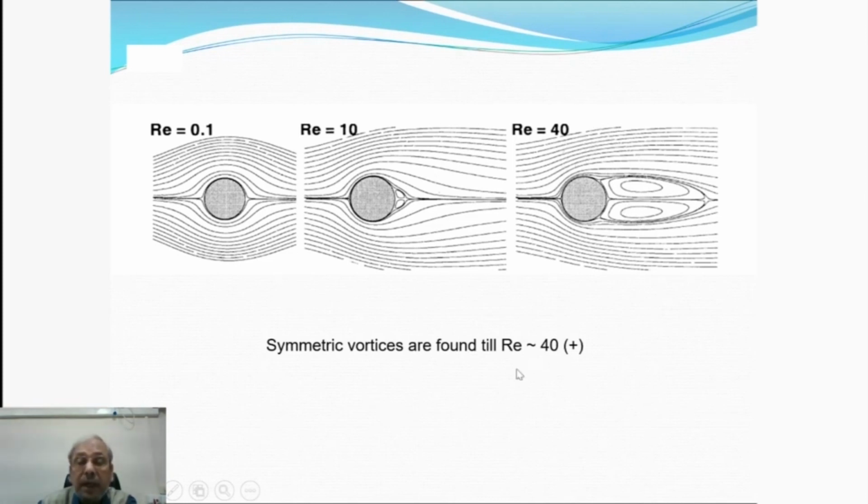I have written here also that symmetric vortices are found till a Reynolds number around 40 because, again, it depends on the accuracy of measurement and the accuracy of performing the experiment, getting absolutely streamline flow upstream of the cylinder.